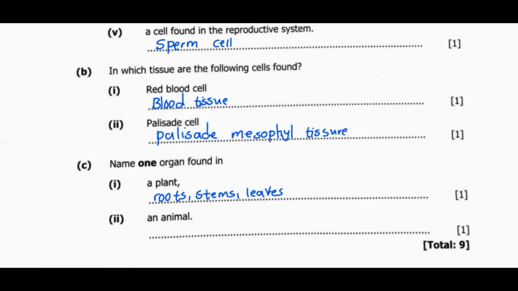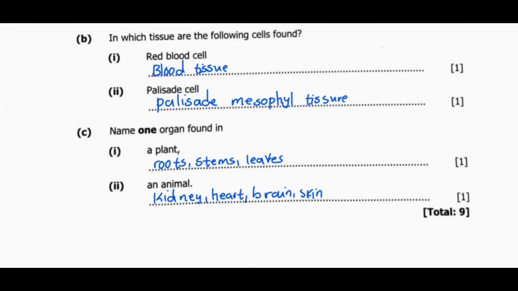Then in animals, we have like the kidney is an organ. The heart is an organ. Brain is an organ. Skin is also an organ. So there are so many organs, of which you just have to choose the one that you are able to remember as soon as possible.